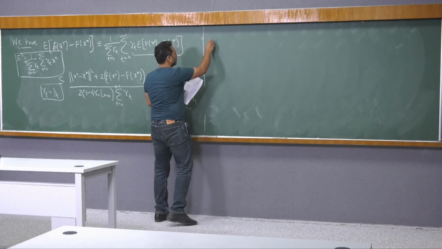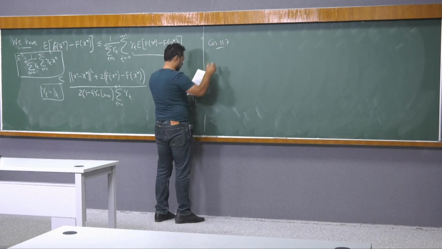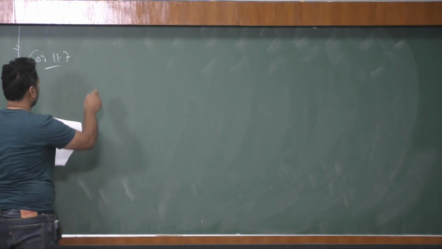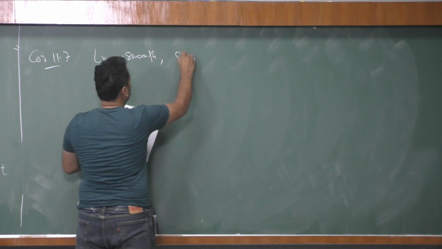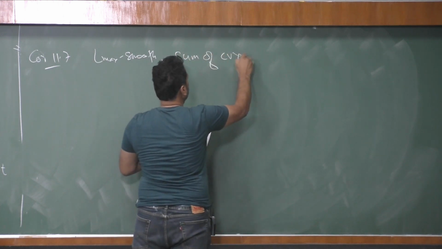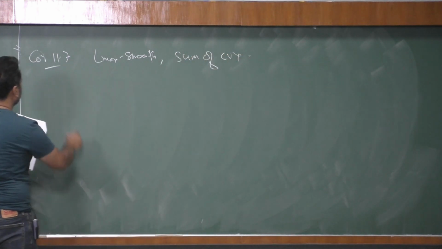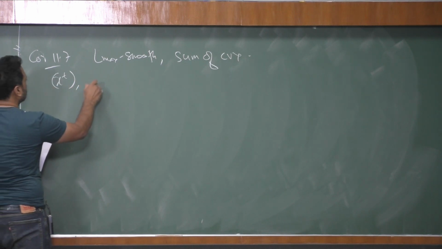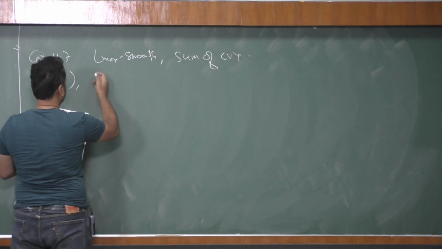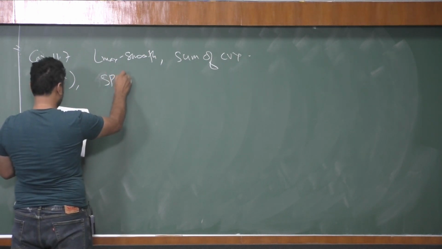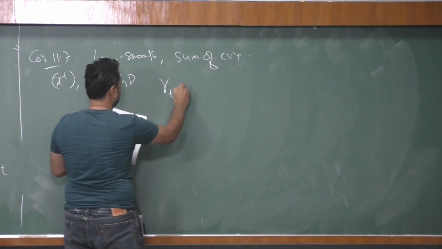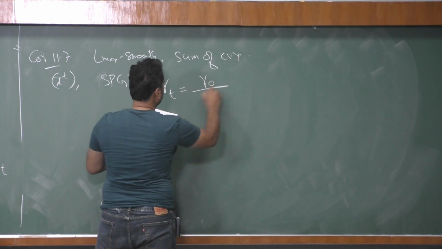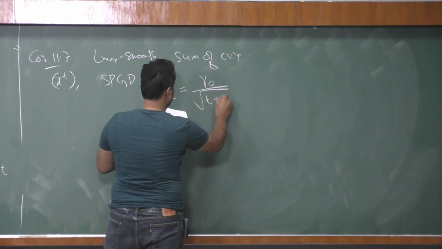Everything remains the same: L max smooth, sum of convex, and the xt sequence generated by stochastic proximal gradient descent. And now we are taking the sequence gamma t as gamma naught divided by square root of t plus 1.